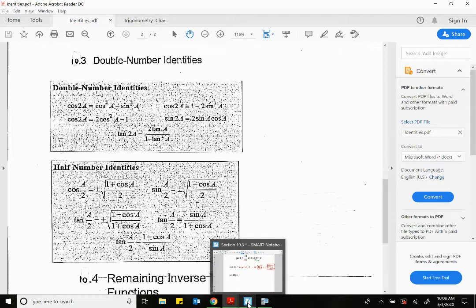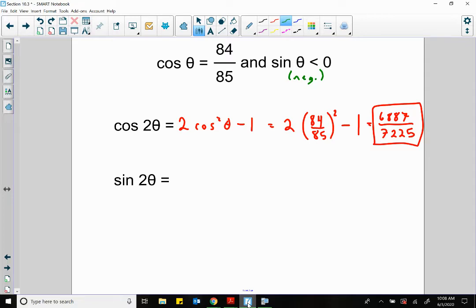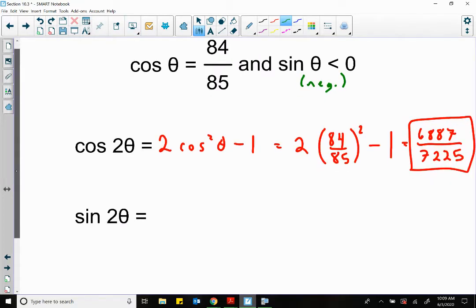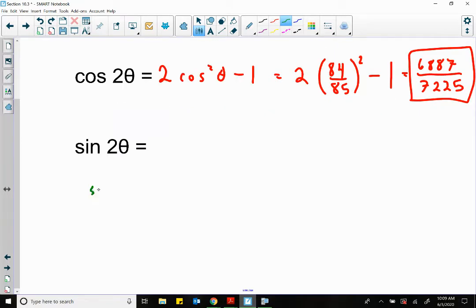Or if you remember, we have a trig identity that says sine squared plus cosine squared equals 1. There's that Pythagorean theorem trig identity. We know what cosine is, so let's just solve for sine squared.